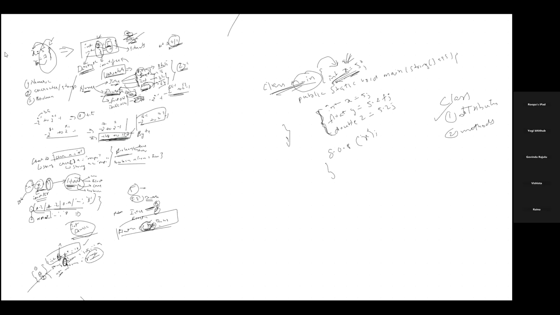So this is how you declare a variable. And if you want to print, you just print it. And if you want to do some operations, for example, there are different types of operations, right? Arithmetic operations like addition, subtraction, multiplication, division, and modulo division.